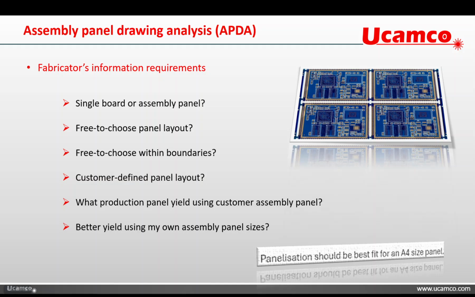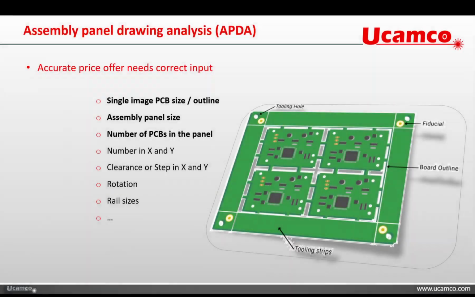Now, if that is the case, another interesting question is going to be, what is the production yield on your fabrication panels for this customer-defined panel layout? And is it better or worse than the yield that you would get using your own assembly panel sizes? So those are all items that need to get an answer.